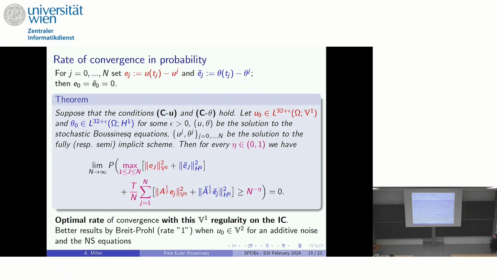All right. Now, rate of convergence. So I now have my scheme, I have my functions, my processes, and let me denote by e_j the error term u of t_j minus u_j, and the same for theta, the error term between zeta of t_j and zeta_j. Of course my initial error terms are 0 because I started with the same initial conditions.